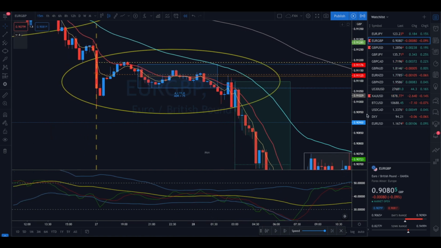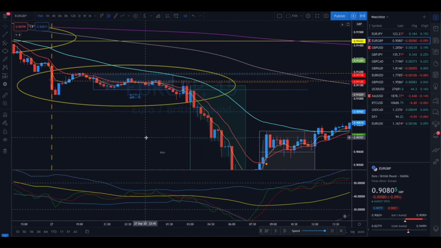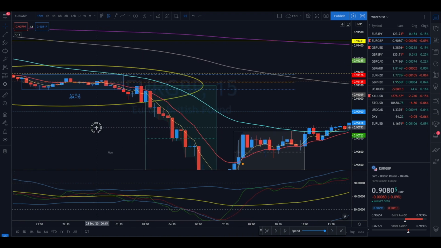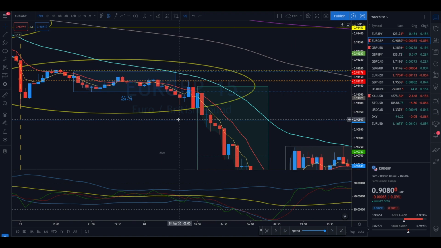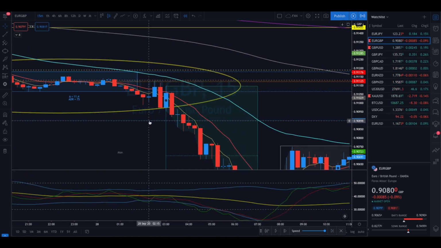Okay, now, this particular setup, what's the setup and what really is the entry and stuff like that. For this particular setup, the entry trigger for me is basically this candle right here. Once this candle is over, I'm hoping for a retracement. Now, you don't always get a retracement.